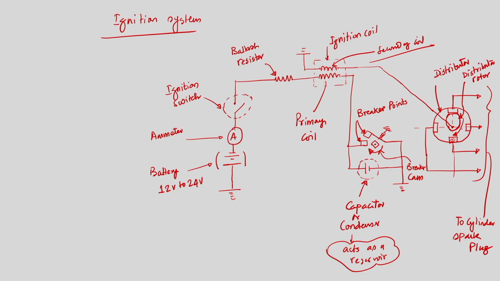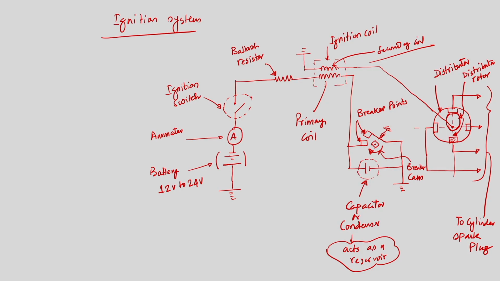Now, when the distributor rotor comes to the next point, that voltage will go to the spark plug, which is placed in a particular cylinder of an engine, and then we can ignite the charge by breaking the spark gap.